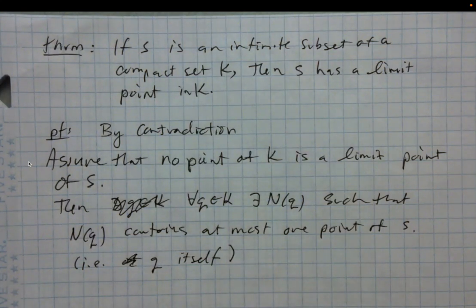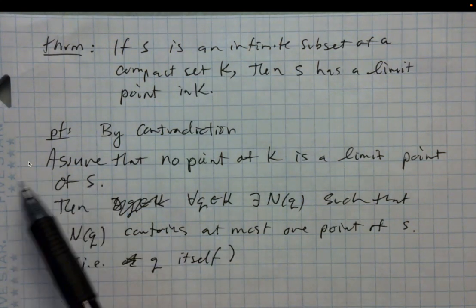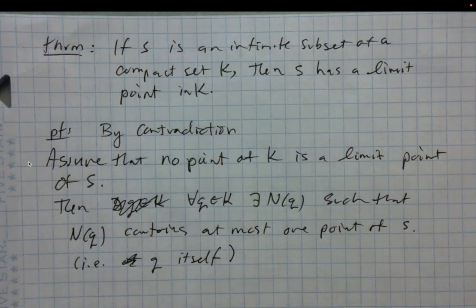So what have we said? Assume that no point of K is a limit point of S. Remember what a limit point is? There are points all around it, meaning no matter how close you get to Q, you can always find another point.